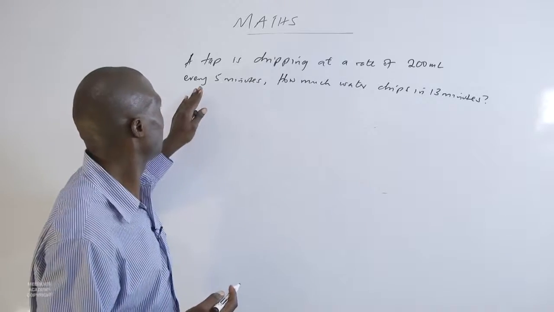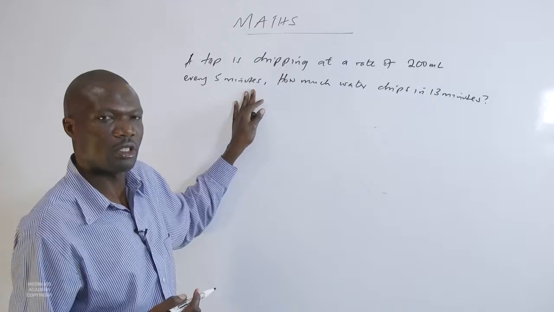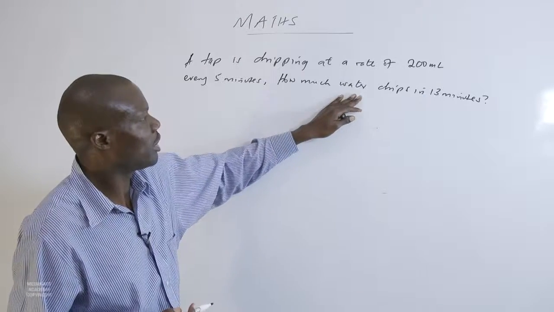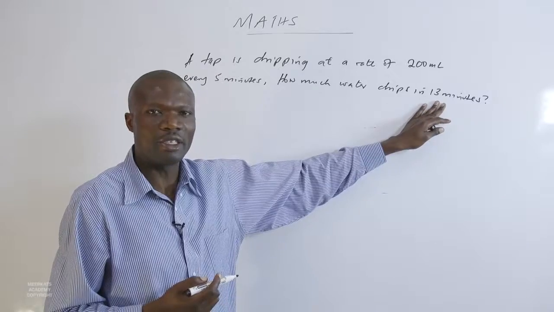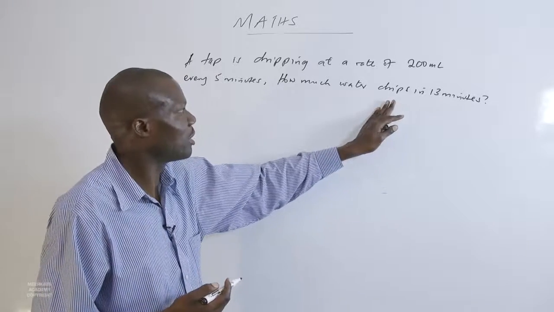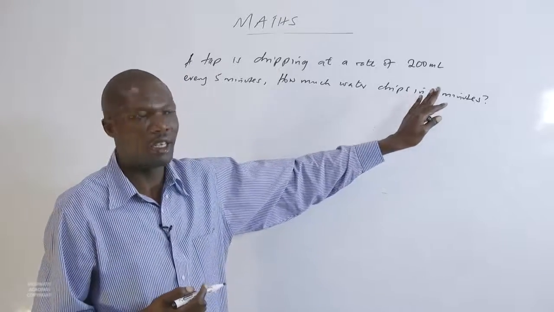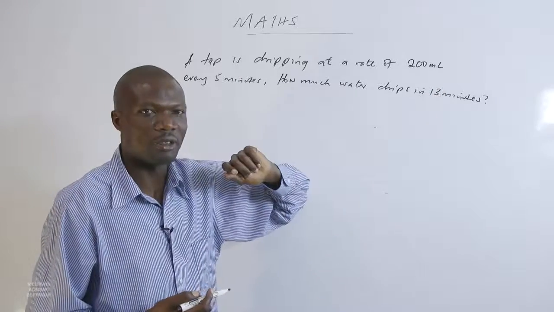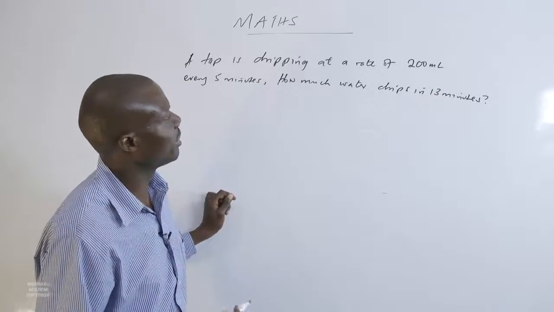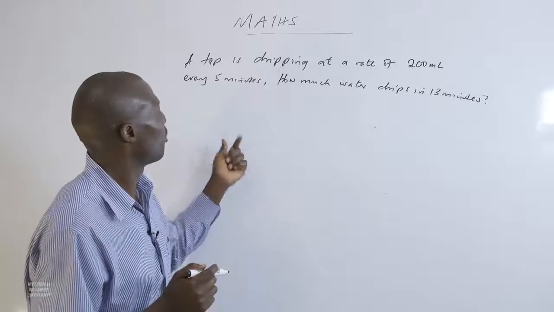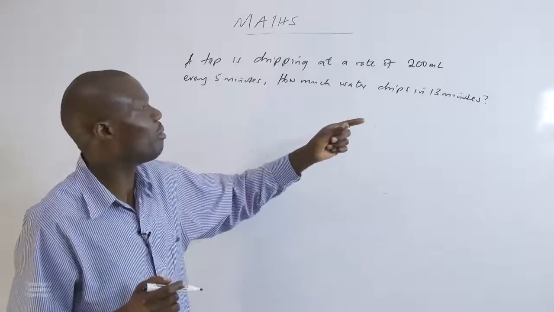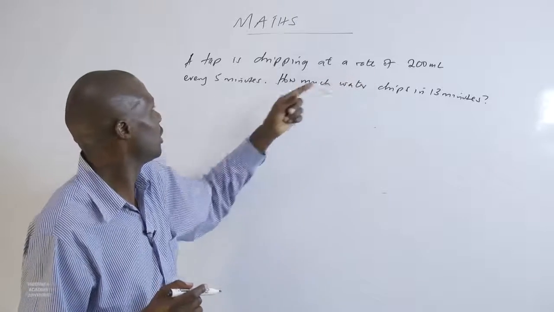Now a tap is dripping at the rate of 200 milliliters in every 5 minutes. How much water drips in 13 minutes? So we are starting with the rate. Because we are talking of minutes, we want to find out how much goes in per minute.